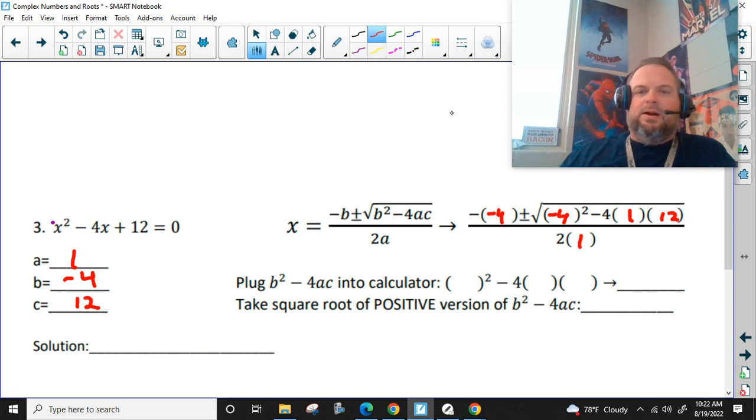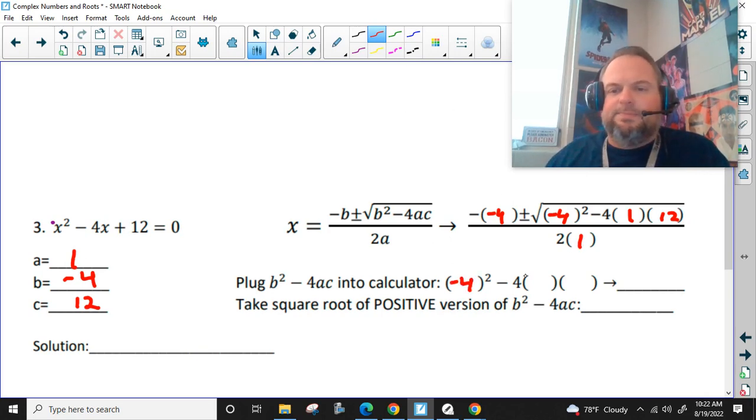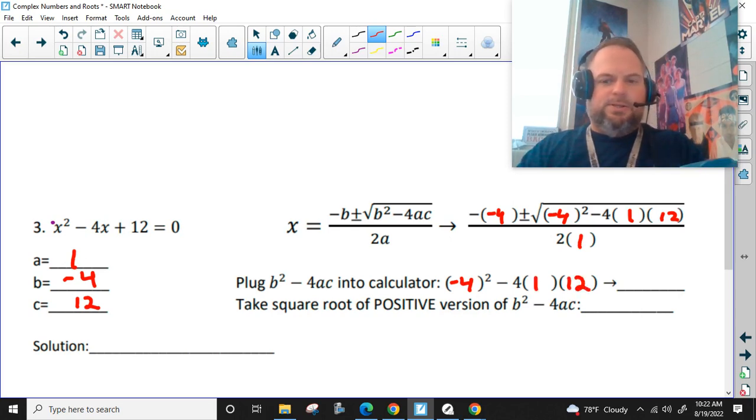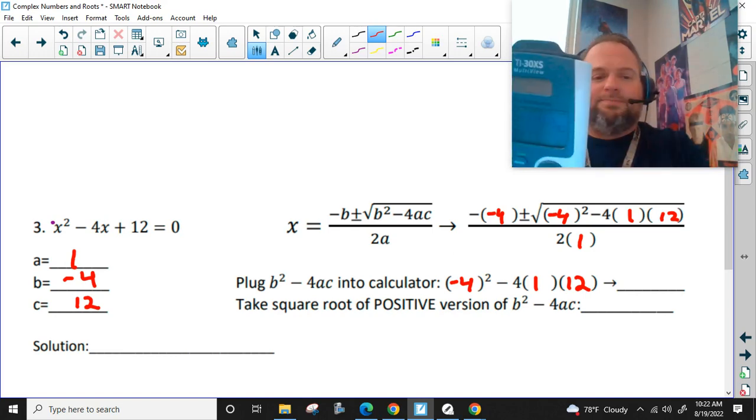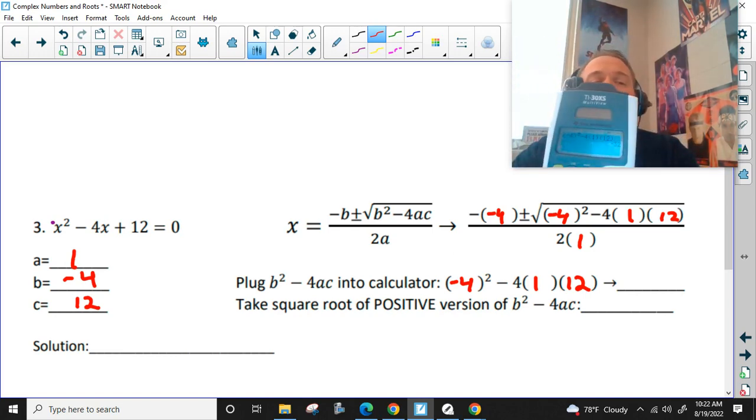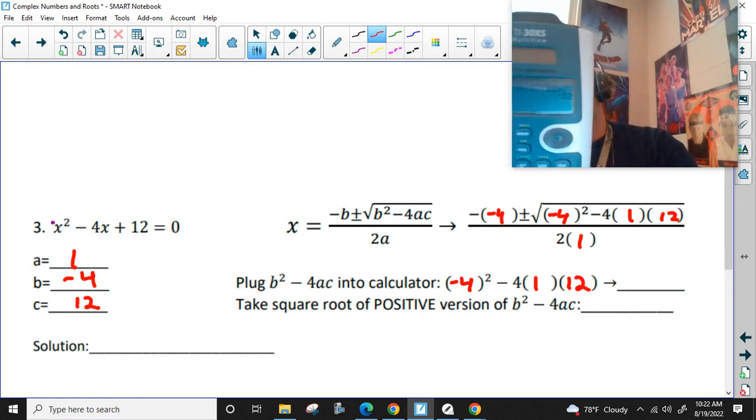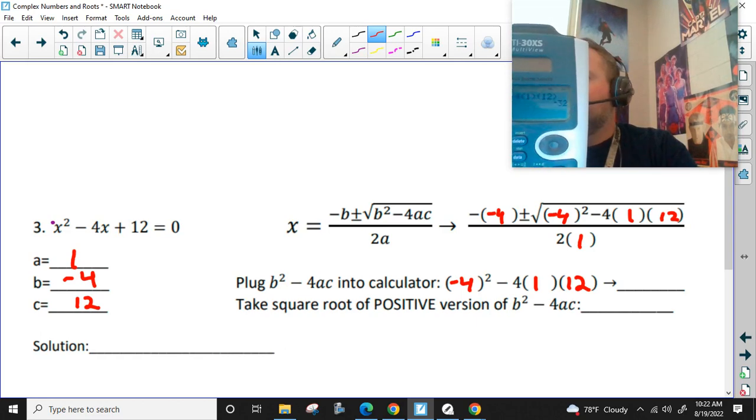All right. So I'm plugging this in. Now, yeah, that was right. There are no factors of positive 12 that add to negative 4. That would be different. All right, so we get negative 32.